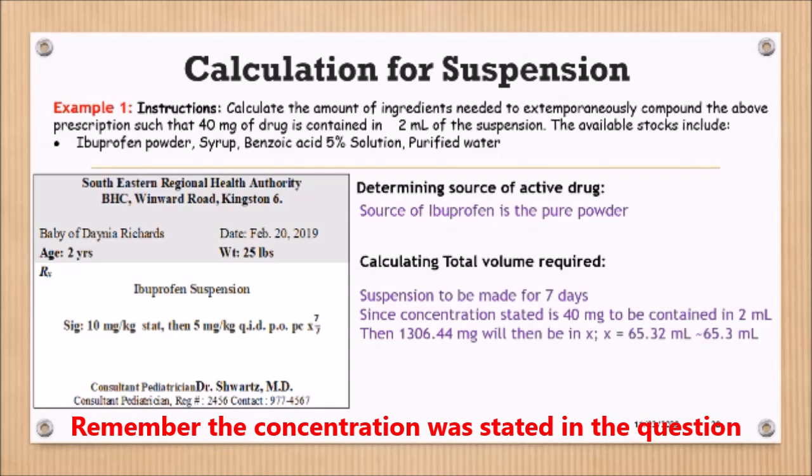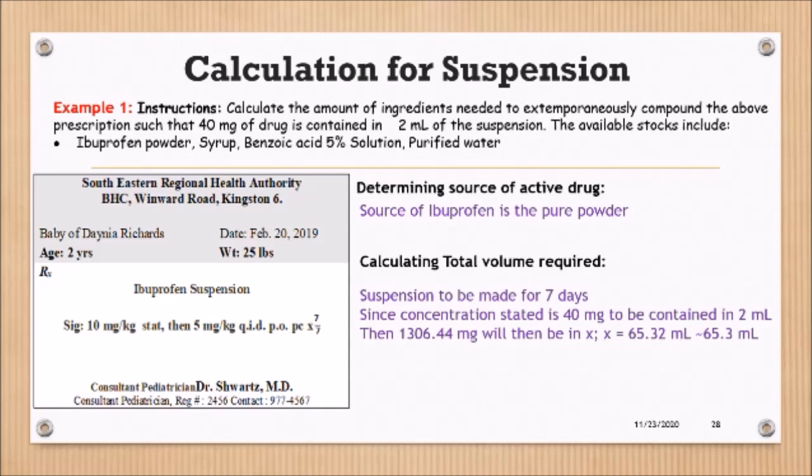The question tells you that every 2 mils must contain 40 milligrams. So if we need 1,306.44 milligrams of ibuprofen in total, that amount will be contained in a certain volume, which would be 65.3 mils.